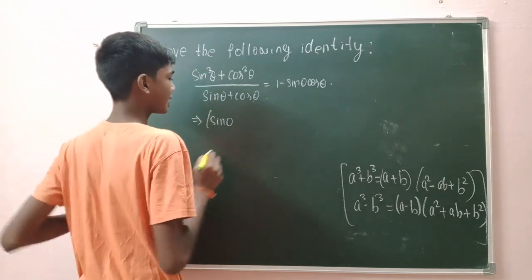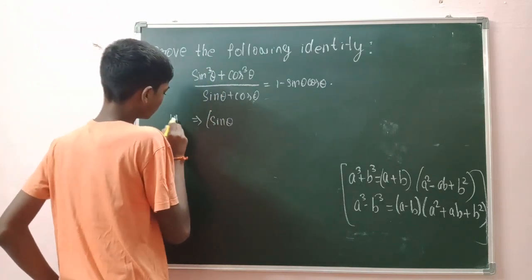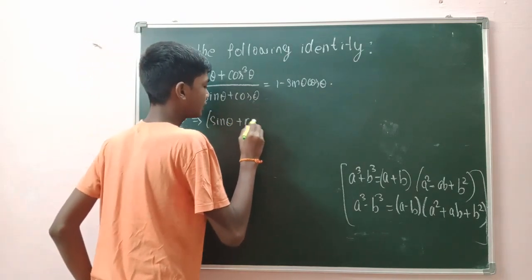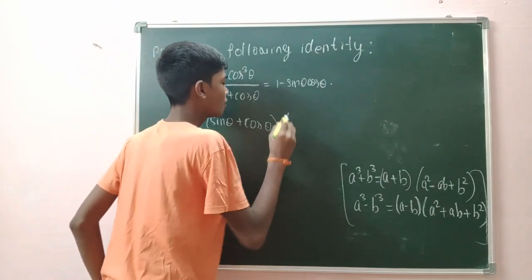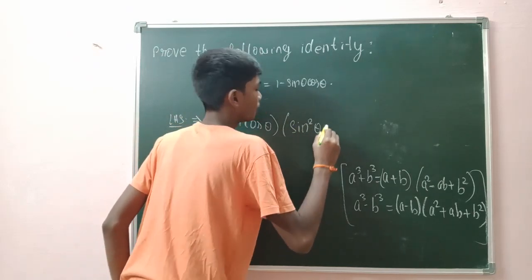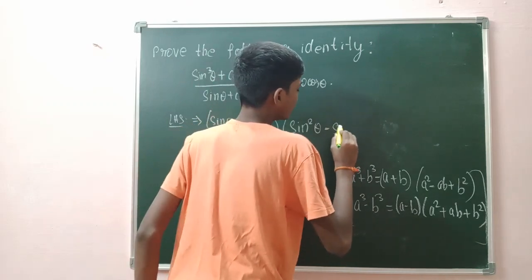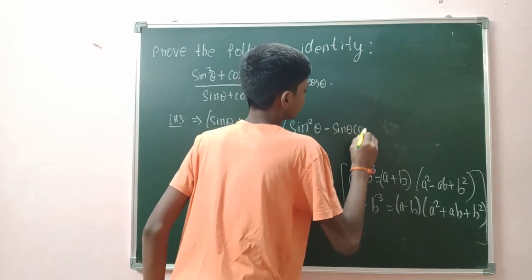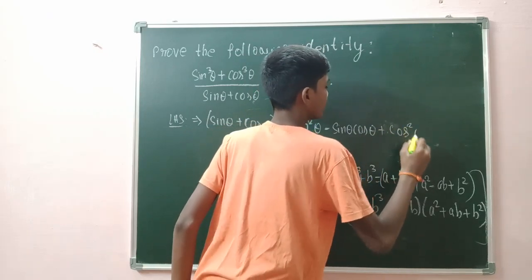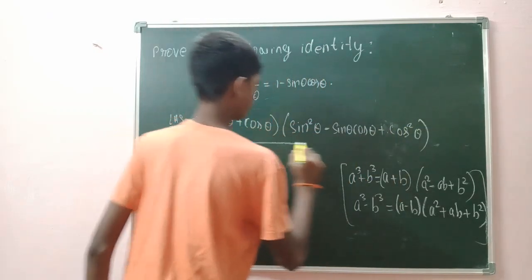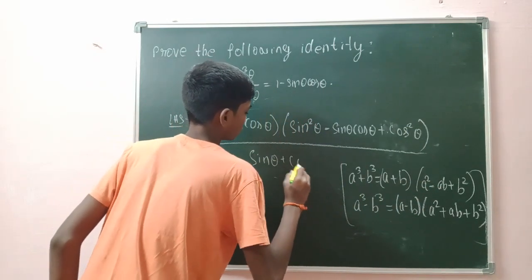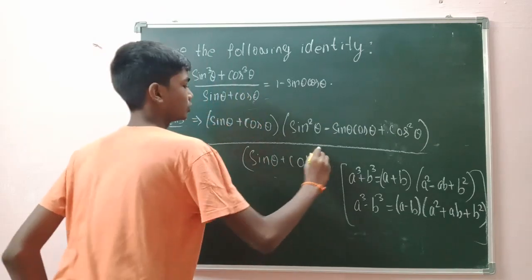So this LHS I can write as, okay, so sin theta plus cos theta is a plus b times a square, sin square theta, minus ab, that is sin theta cos theta, plus b square, that is plus cos square theta, divided by sin theta plus cos theta. This is what I am having now.